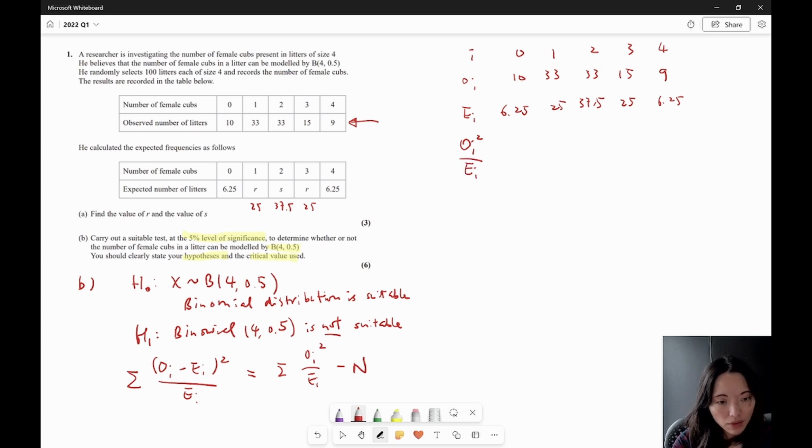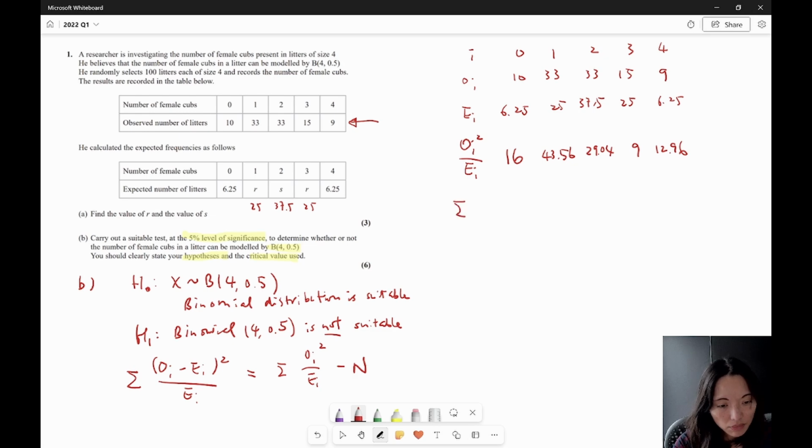O squared over E. So that's 100 over 6.25. This is 16. 33 squared over 25 is 43.56. 33 squared over 37.5 is 29.04. And then 15 squared over 25 gives us 9. 9 squared over 6.25 is 12.96.